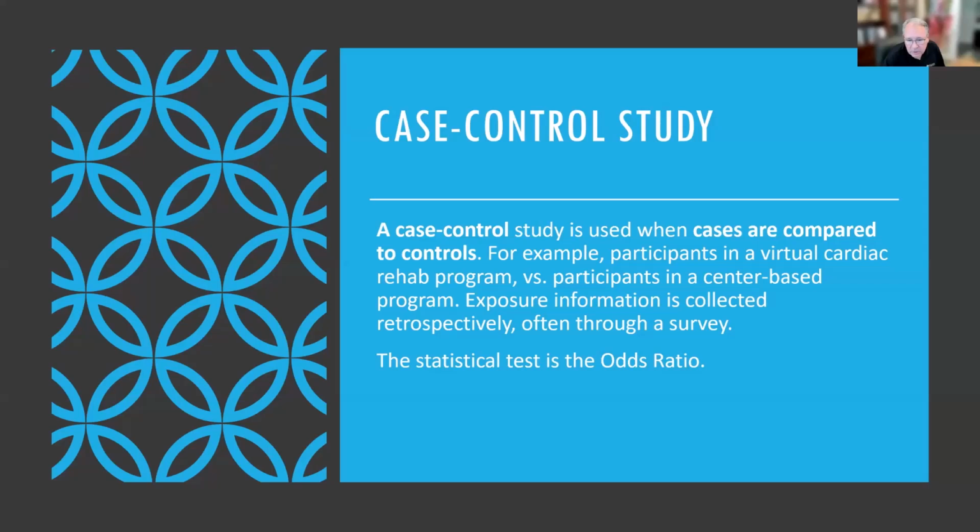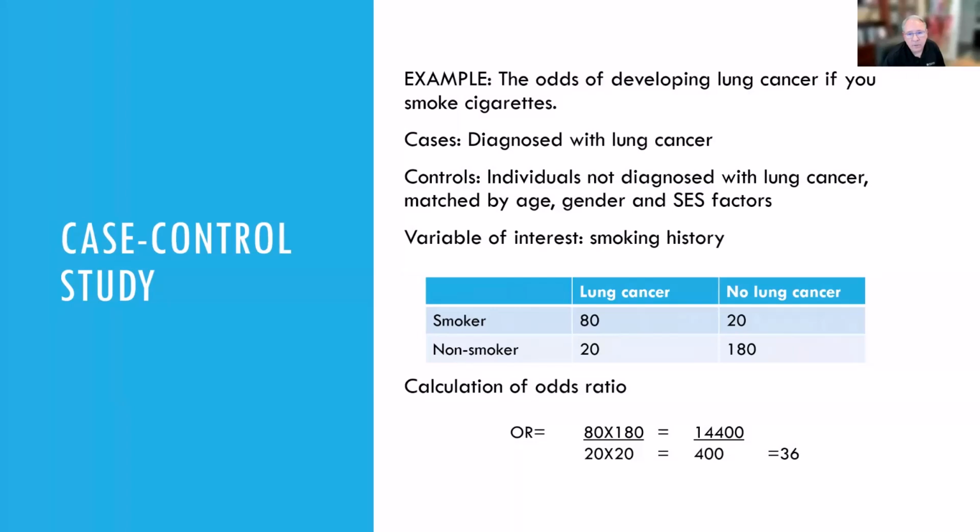Often, you can do it prospectively, but if you're going to do it prospectively, you might as well be doing a cohort study. So the statistical test is the odds ratio. An example, again, of our smoking and lung cancer: the odds of developing lung cancer if you smoke. The cases are people who've been diagnosed with lung cancer. Controls are individuals who were not diagnosed with lung cancer.